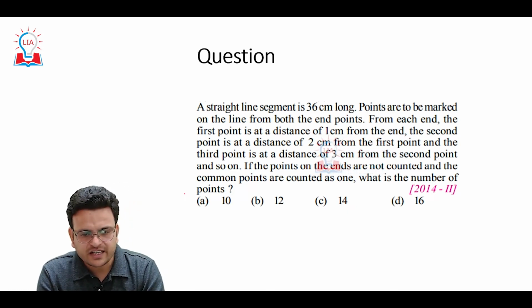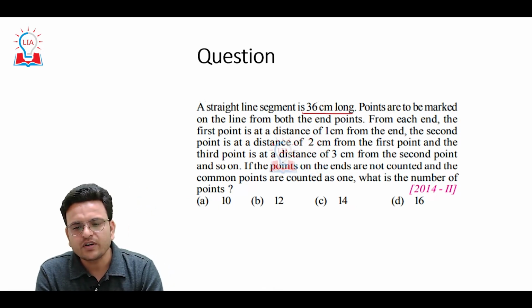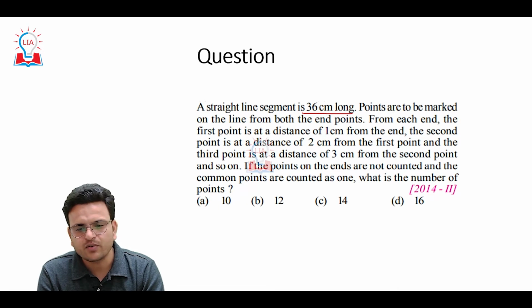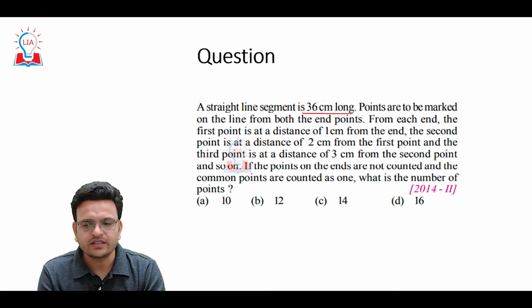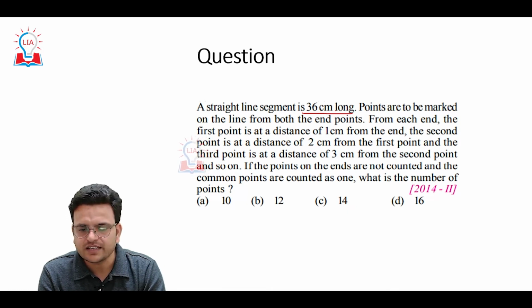So here a straight line segment of 36 centimeter long. Points are to be marked on the line from both the end points. From each end, the first point is at a distance of 1 centimeter.